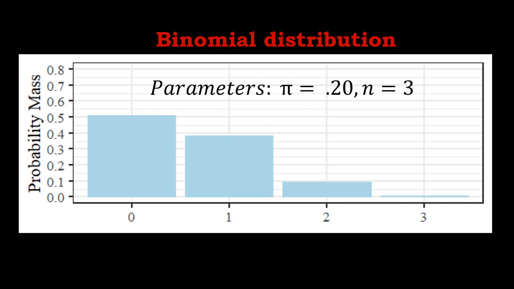The probability of finding 1 success is a bit less than 0.4. The probability of having 2 successes is less than 0.1. And the probability of 3 successes is quite small, close to 0.